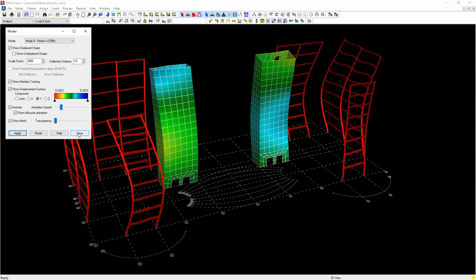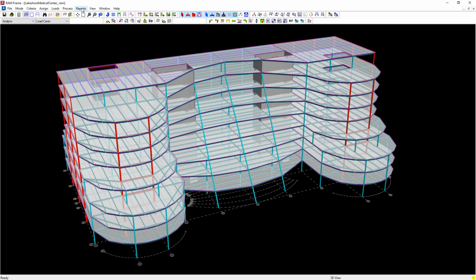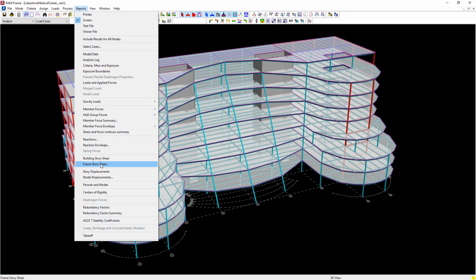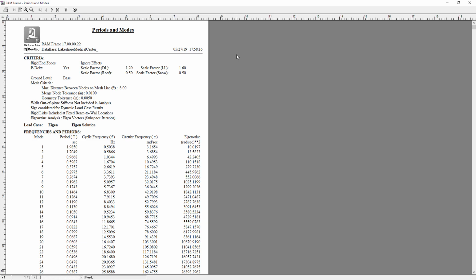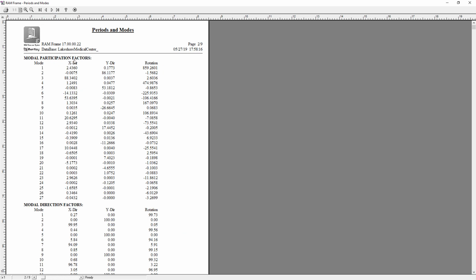Let's next look at the periods and modes report, which gives us the periods for each of the modes, where we can tell how closely coupled or how well spaced out they are. We can look at the modal participation factors, which identify what direction a particular mode is in, whether it's X, Y, or rotation.